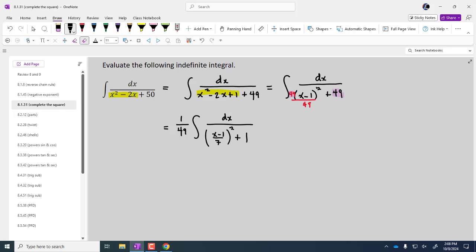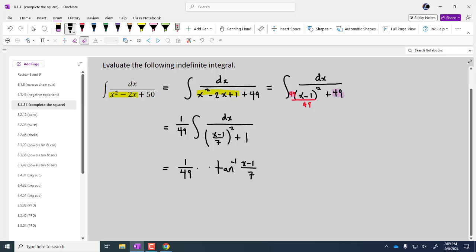And we can just write down the answer here. So we're going to have 1 over 49. Let's leave a blank for the reverse chain rule. This is arctangent of whatever is in the parentheses, so arctan of (x minus 1) divided by 7.